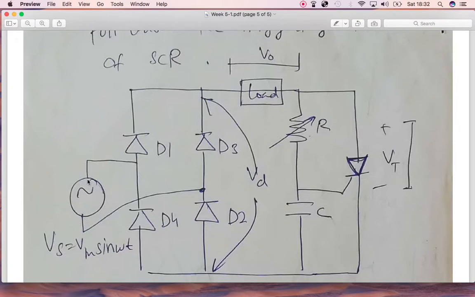During the positive half cycle, this will be positive, this will be negative, and the path of the current will be from here to here to here, and from here and here and back here. And when this capacitor is charged, the path will change from here to here, and all the voltage will appear across the output.